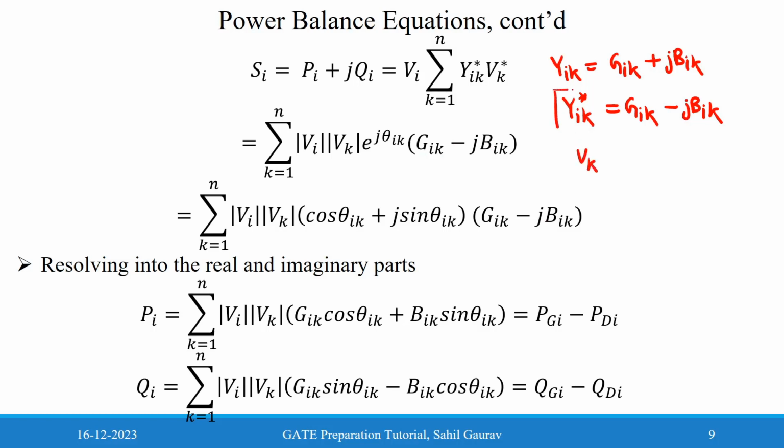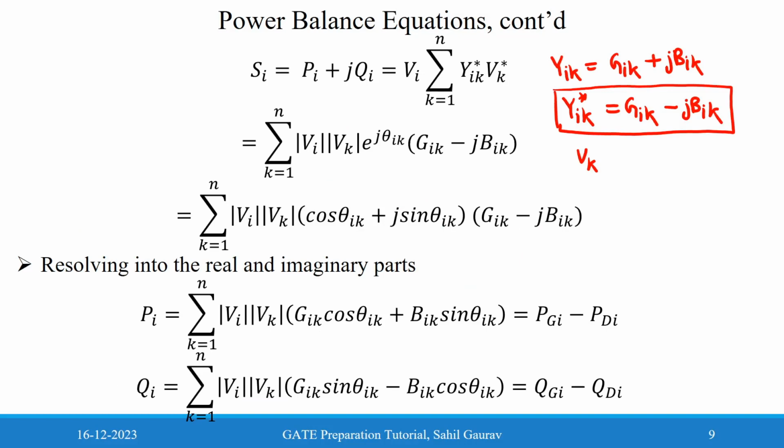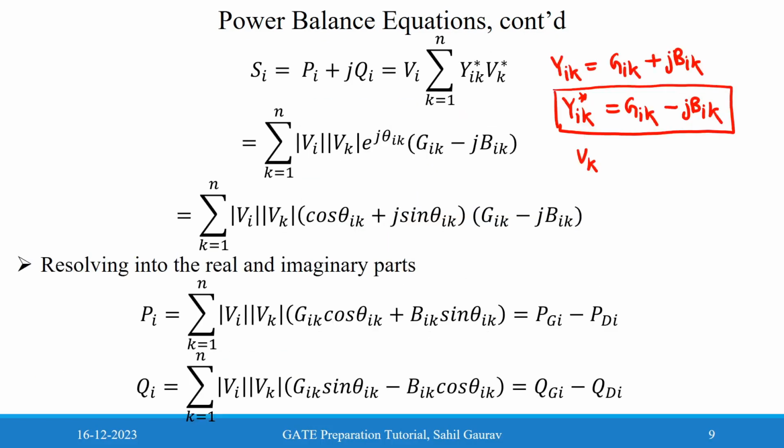So this we get here, and V_k conjugate we can write here. Put all these values in this expression, and you will get these values.